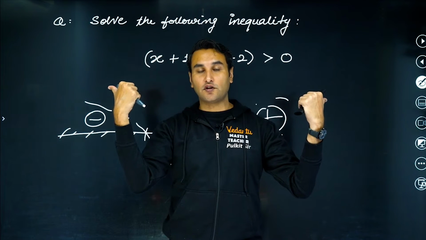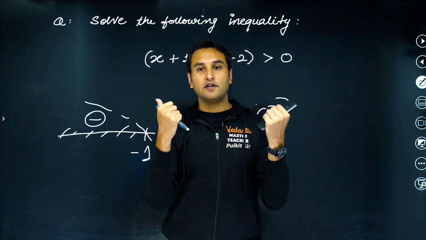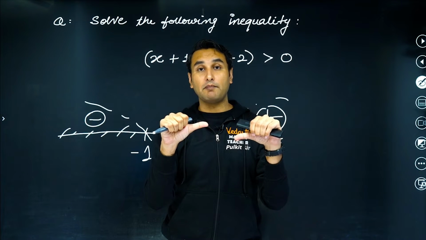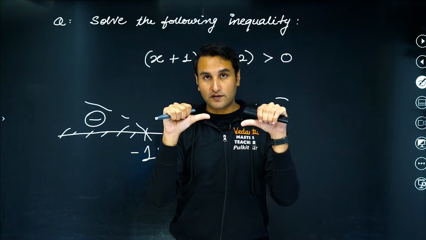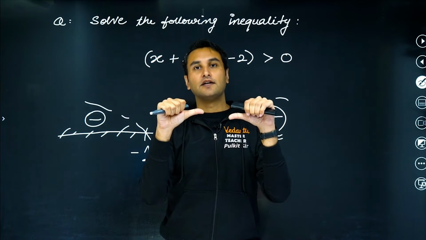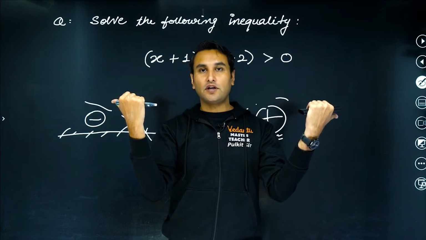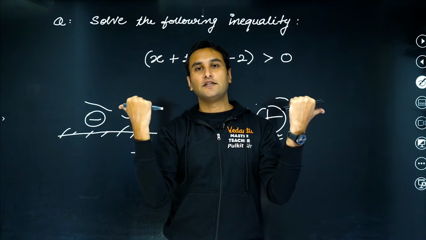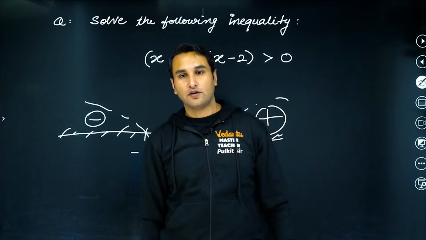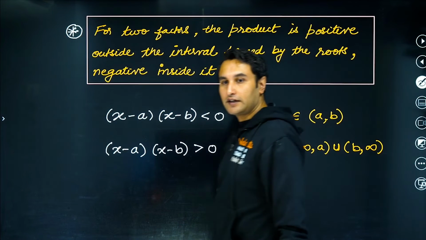Where is it negative? Between the roots. Remember, note it down: between the roots of two factors, their multiplication is negative. To the right of the bigger root and to the left of the smaller root, their product is positive. Okay, I have made this note for you. Please note it down or take a screenshot.